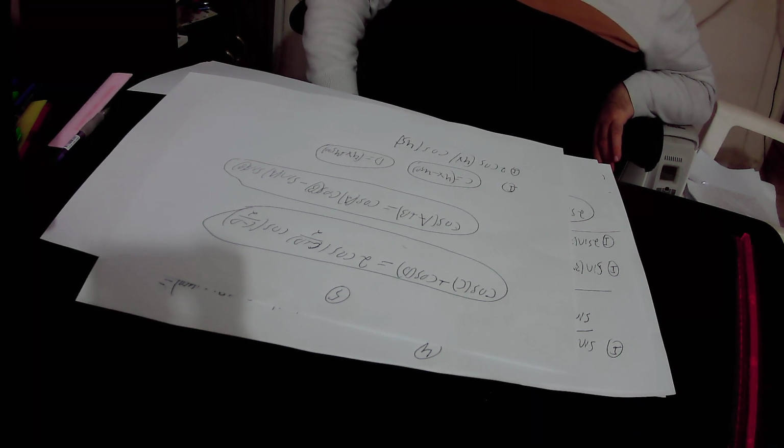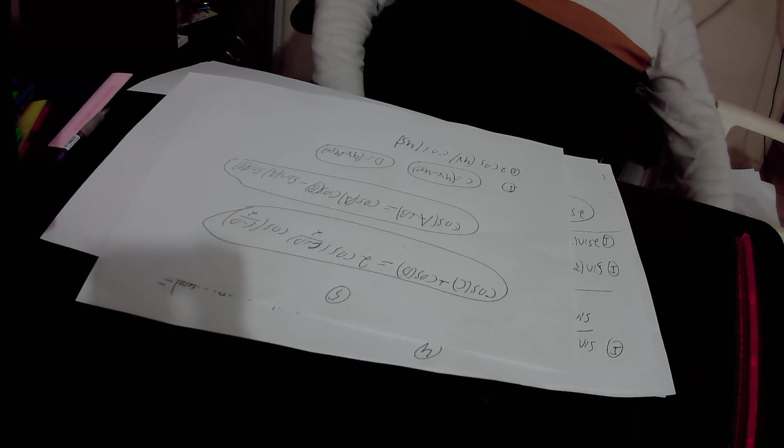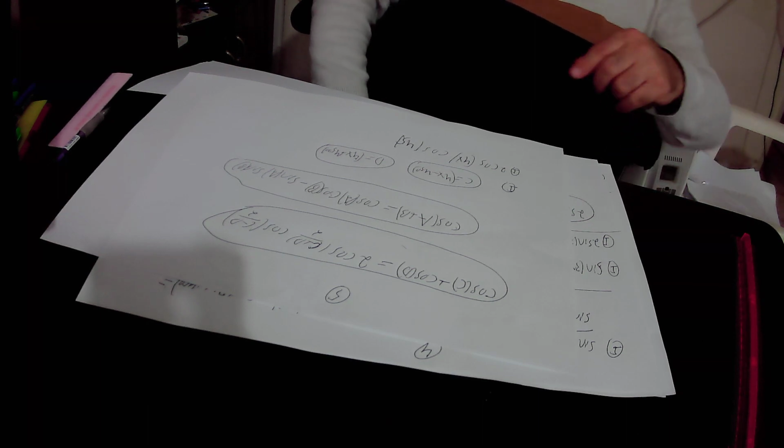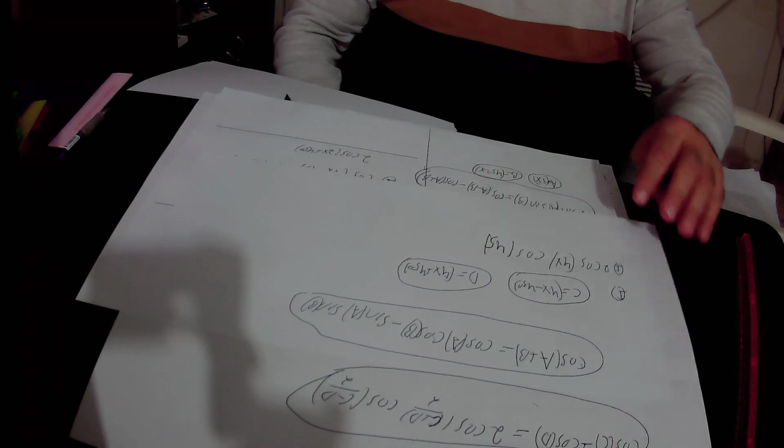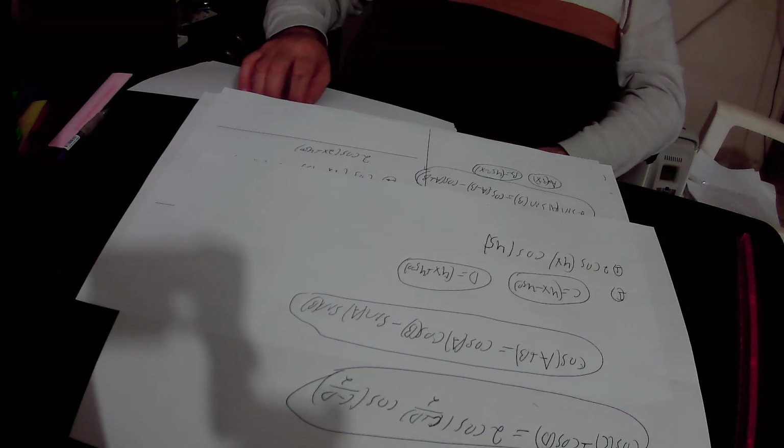Then we will deal with the second expression, that is actually 2 cosine 2x plus 45 degrees.